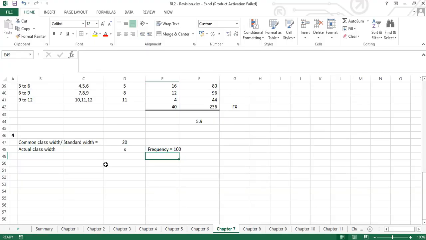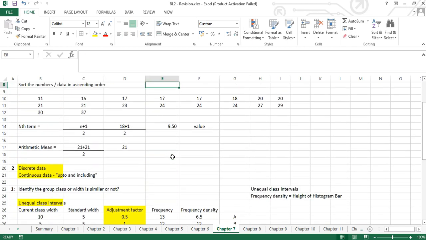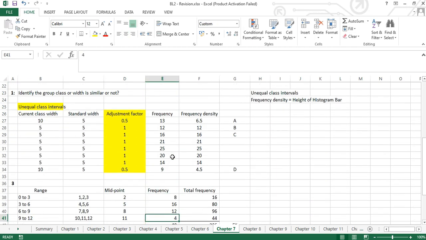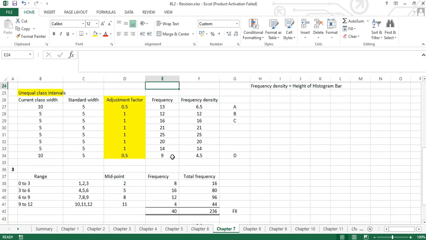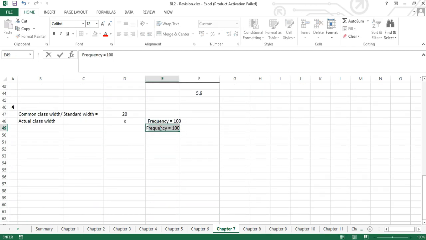What they mean is, let me show you what we did previously on the adjustment factor. The score of 80 is referring to the frequency density. So it's basically the frequency density or height of the bar, which is 80.